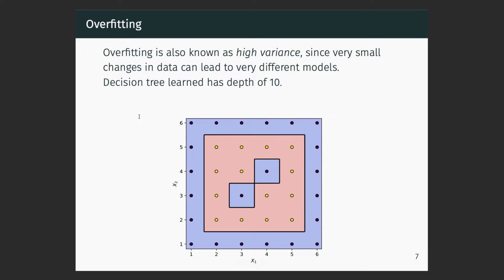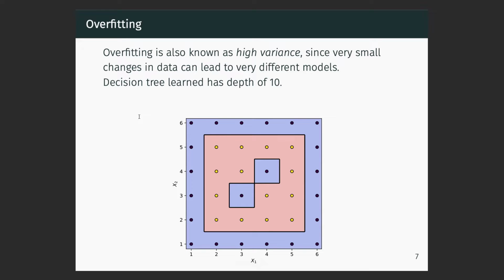It's already obtained this particular square, which is of our interest, but it is also trying to accurately fit the 2 blue points in the middle of the yellow region, which would again have been noise, best ignored, but because we had no depth limits, we ended up learning a very complicated classifier.